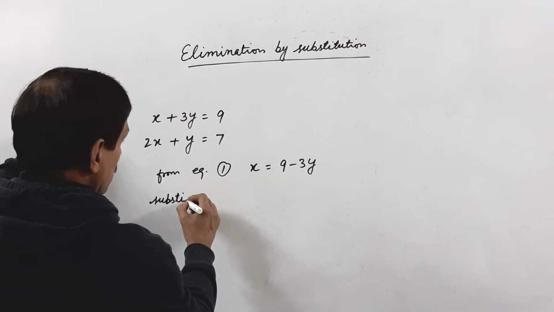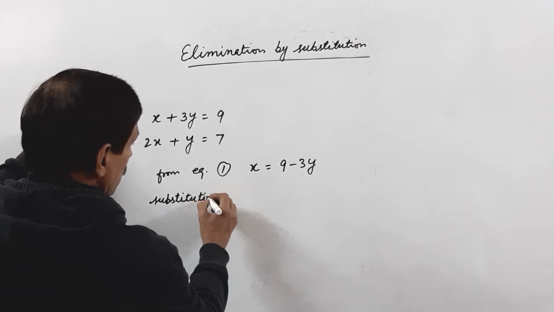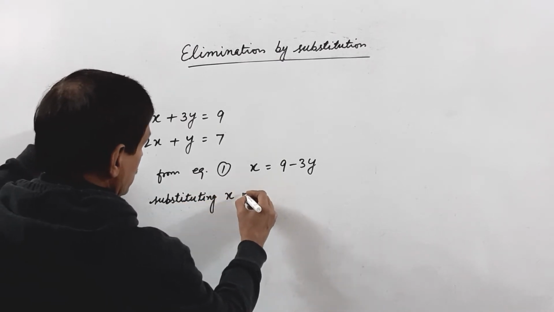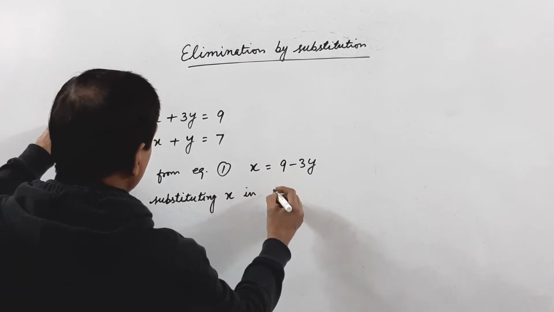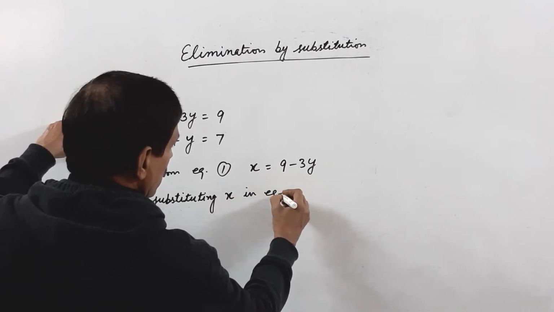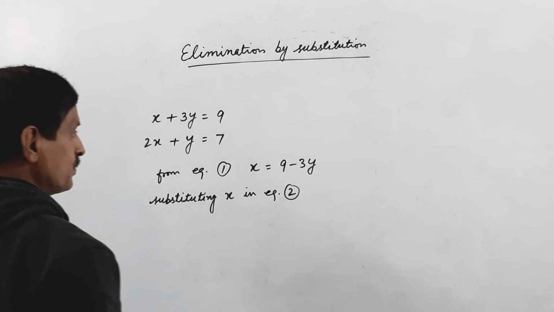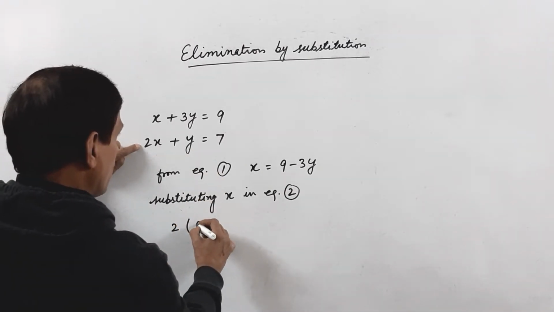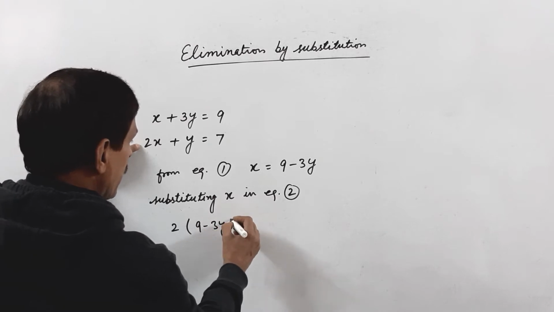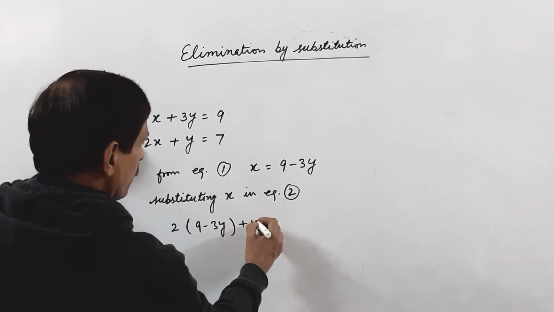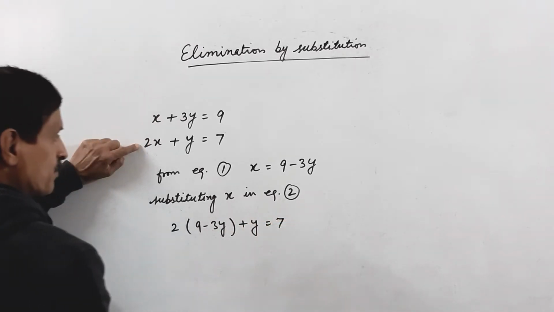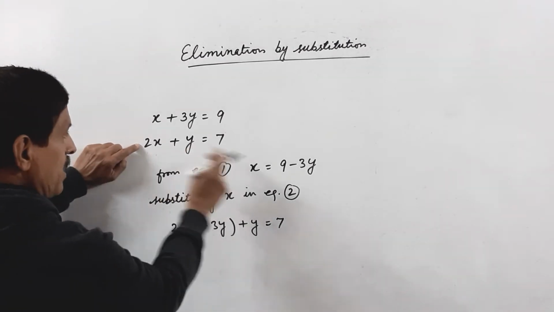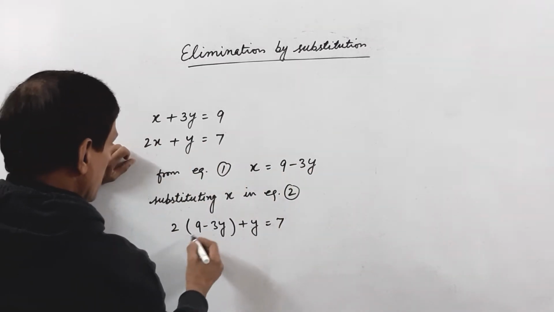Substituting x in equation 2, and thus we obtain twice of 9 minus 3y plus y is equal to 7. So x is replaced by 9 minus 3y.